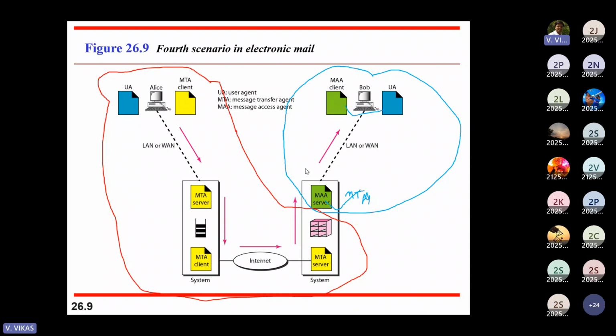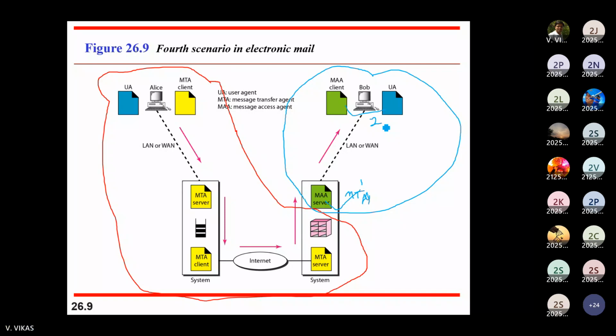So in case we are talking about having an MTA client at this particular point, like we were discussing at point 1, and having an MTA server at point 2, the difficulty is the server should be available 24 by 7. Do you accept that point?